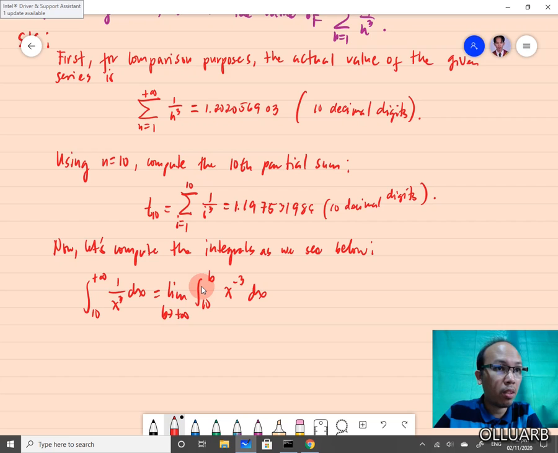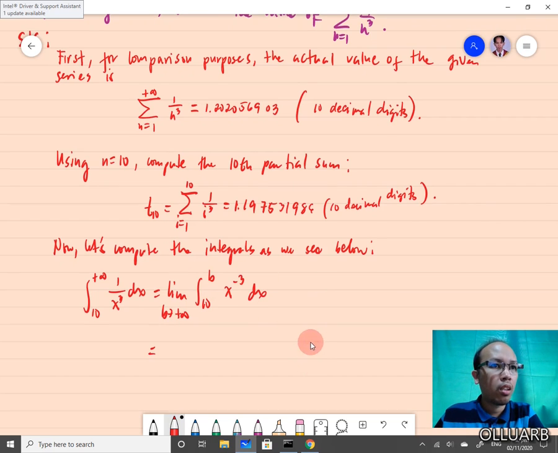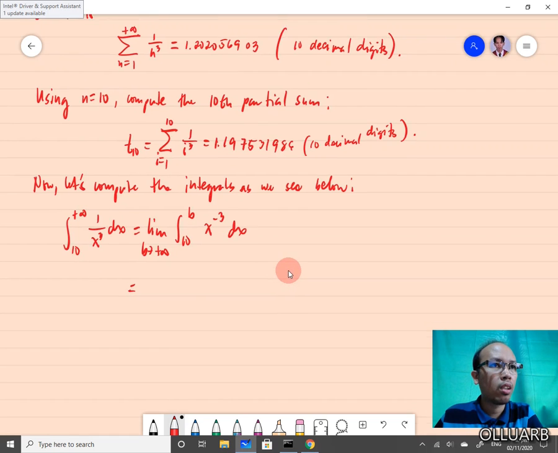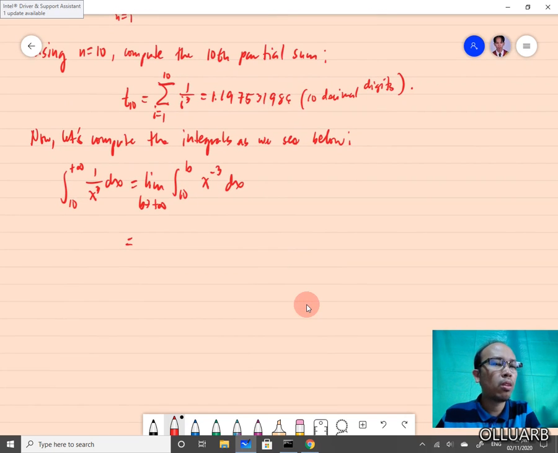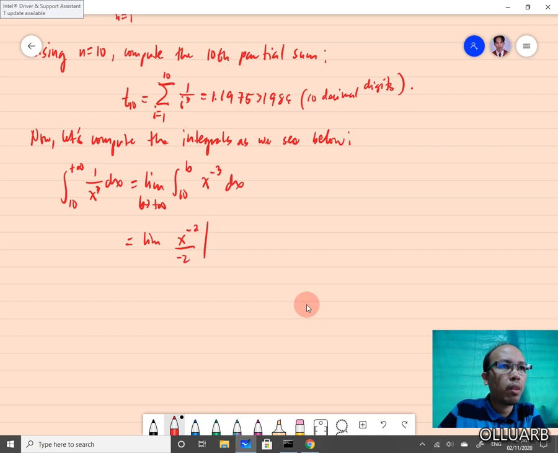This is an improper integral, if you remember your previous subject in calculus 2. So this is the limit of x to the negative 2 over negative 2 evaluated from 10 to b, as b approaches positive infinity.